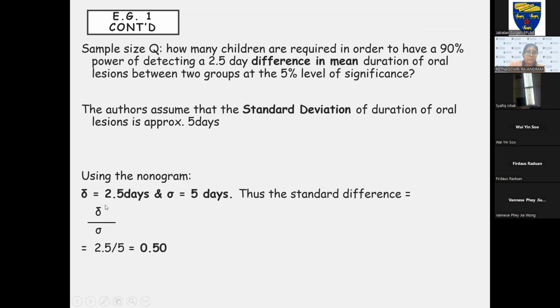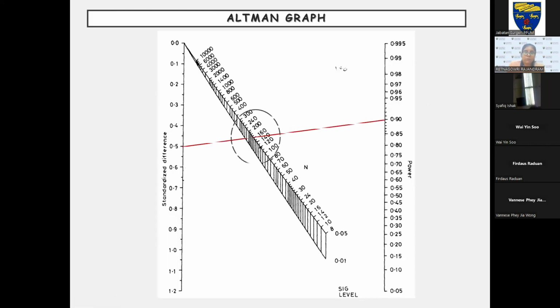With the mean difference, it is calculated and ends up being 0.50. This maths is needed because from that, you match the standardized difference of 0.5 with 90% power. Here is 80% power, here is 90% power. You just draw a line and it tells you that you need a total of 140.